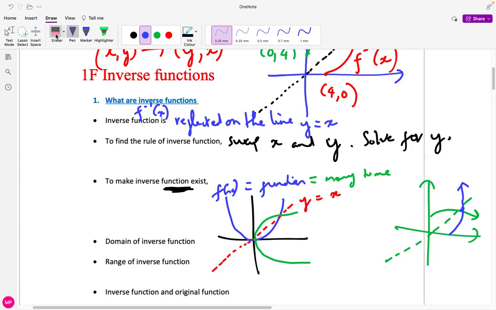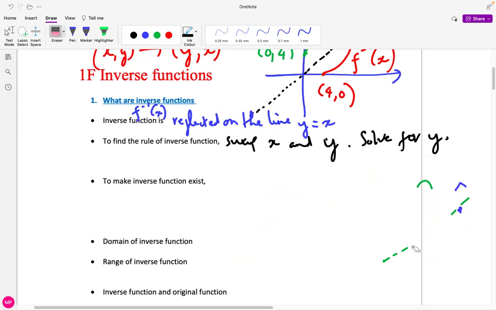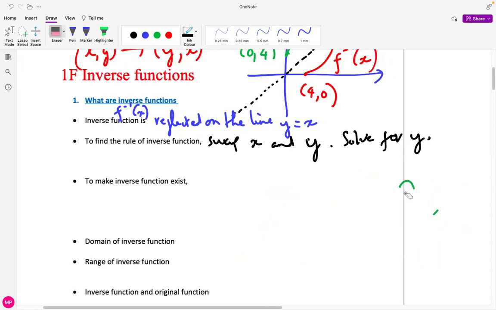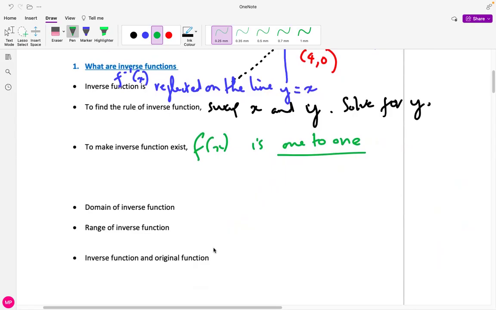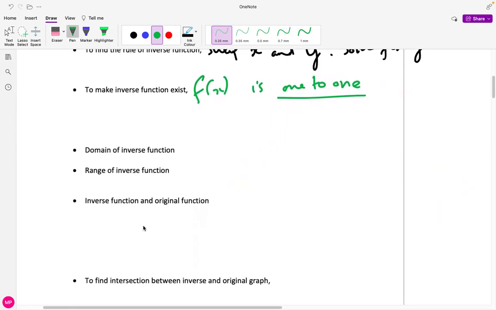Okay, so we're going to write here: to make the inverse function exist, the original graph f of x has to be one-to-one. One-to-one means it passes the horizontal line test, so it cuts once, and the vertical line test also cuts once.